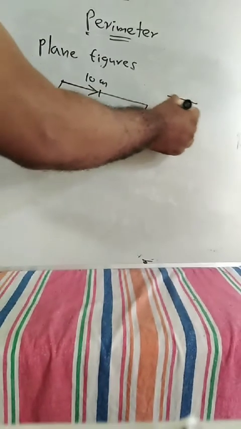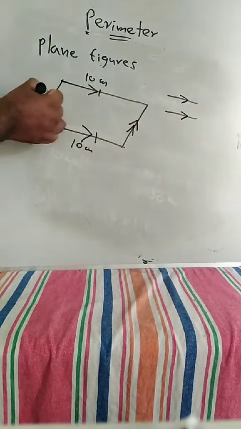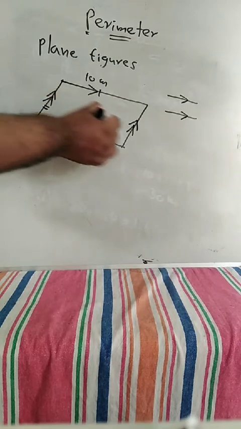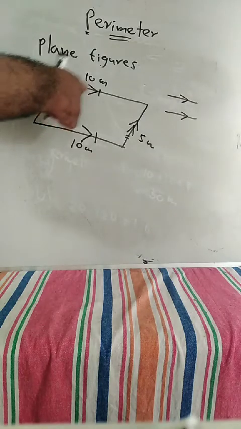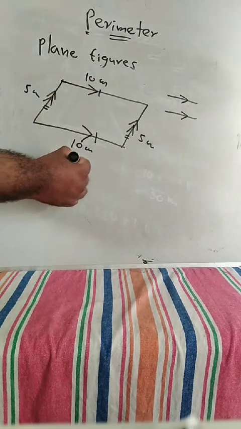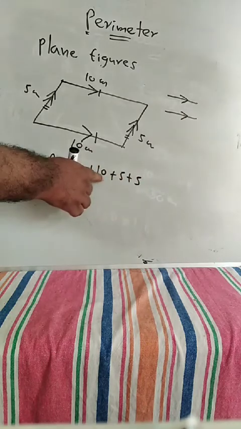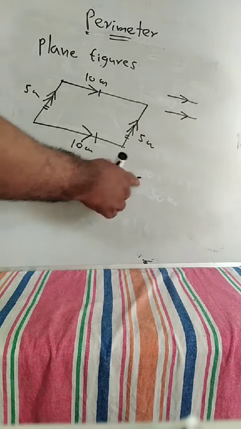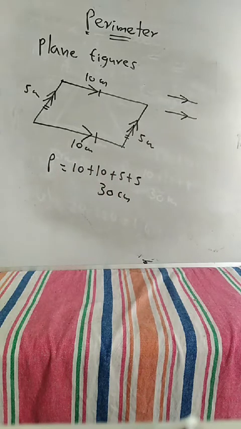Parallel means this side and this side are parallel. Opposite sides are equal. This is 5. To find the perimeter, add 10 plus 10 plus 5 plus 5. 10 plus 10 is 20, 25, 30. 30 centimeters. This is a parallelogram.